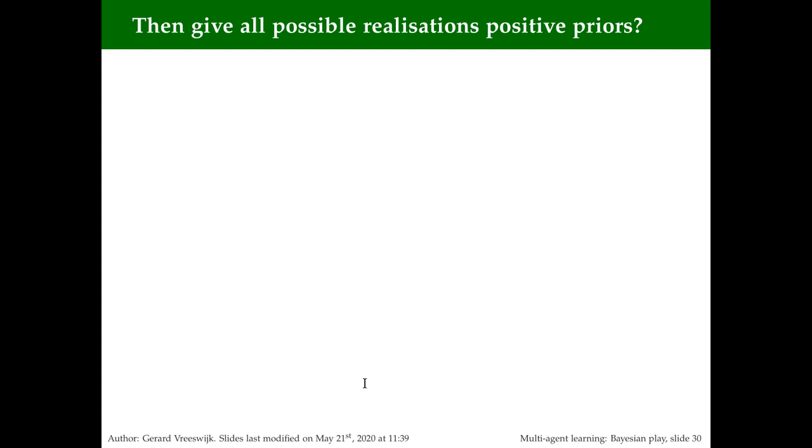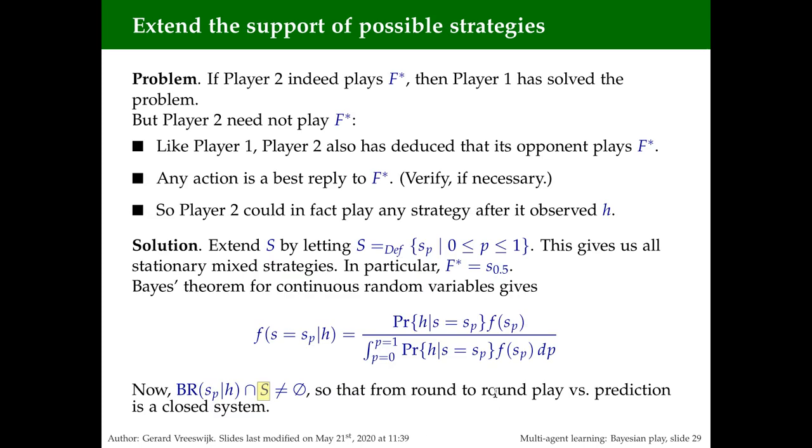So then it would perhaps be possible to extend S even more and give positive probability to all other sorts of reply rules other than stationary mixed strategies. So in a way, it would be desirable to give as many possible reply rules a positive probability, because then the net you cast over the behavior of your opponent is very wide.